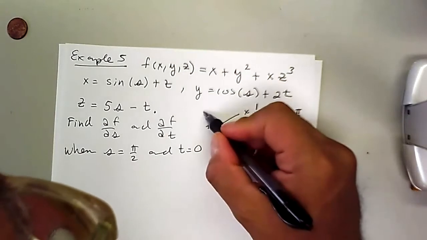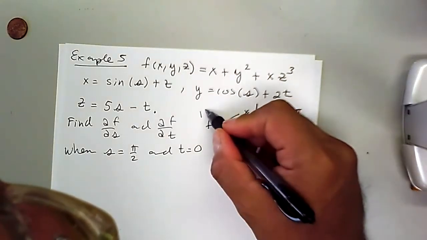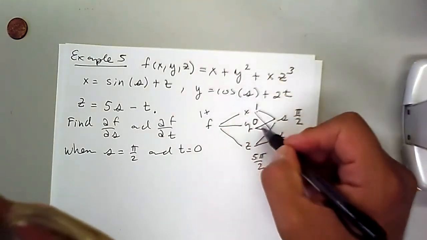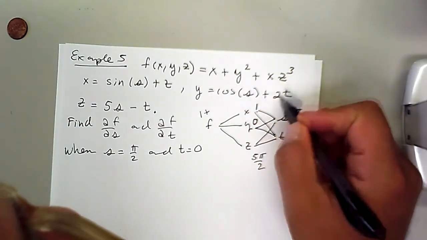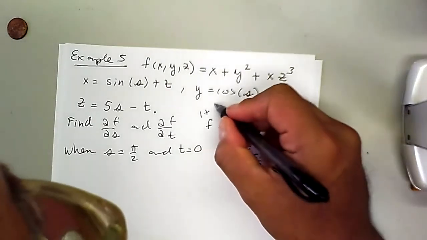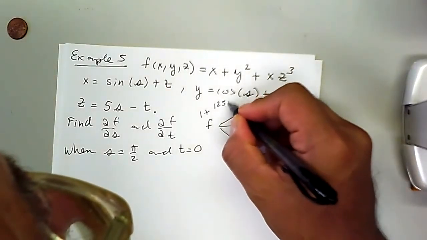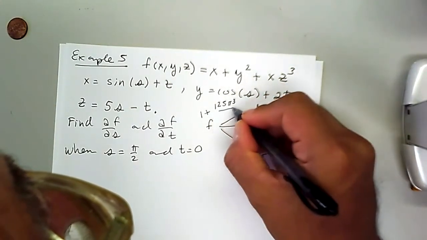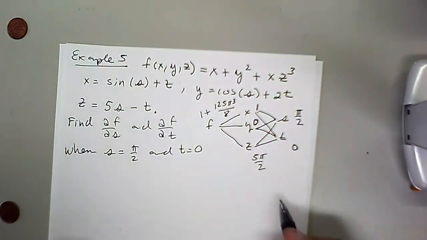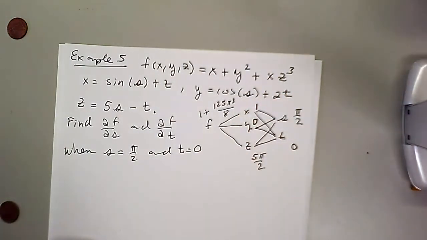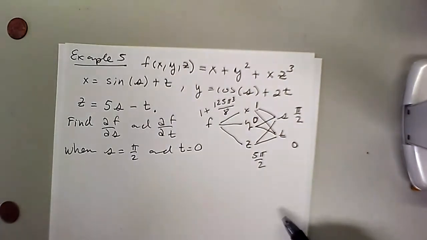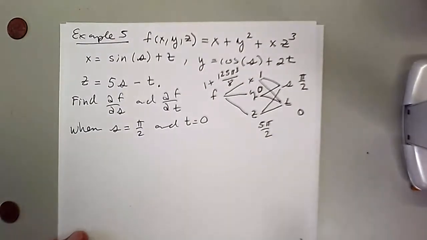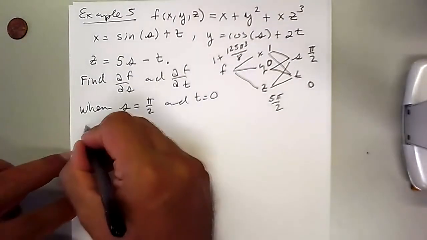So x was 1 plus 0. I'm not going to write this 0 because y squared is 0. And then 1 again, and then z cubed. So that is 125 pi cubed over 8. Again, we're not going to use that output because all we want is the partial derivatives. We don't necessarily want to deal with the output itself.